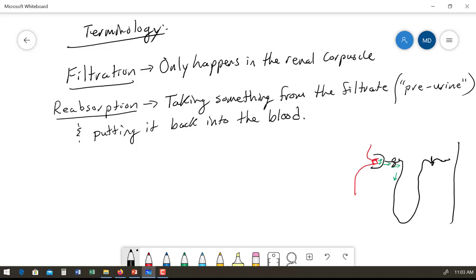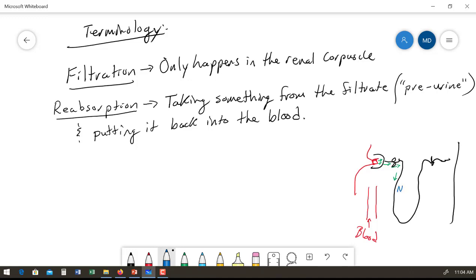So, in other words, let me describe this here. And this is something that I haven't told you about yet, but there's basically a bunch of blood vessels that sit near or on top of the loop of Henle as well as the distal convoluted tubule. So imagine here we have blood supply that is flowing near the loop here. I'm going to use the loop as an example. Let's say within our filtrate or our pre-urine we have too much sodium.